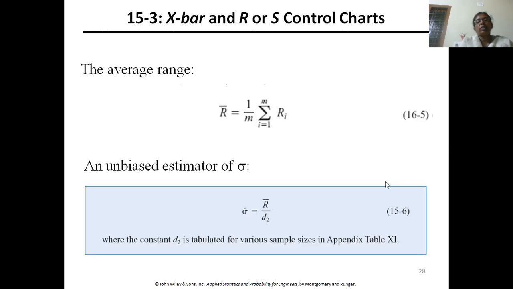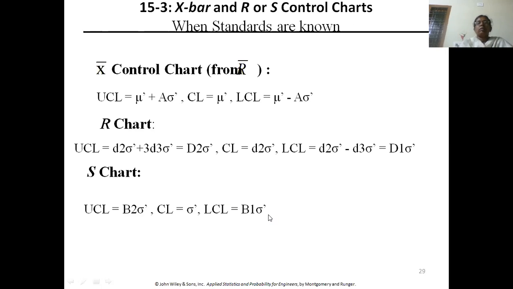Similarly, average range is calculated as R bar equal to 1 by m summation Ri, where Ri is x maximum minus x minimum. And the estimator of sigma is R bar by d2. This d2 is the tabulated value, which will be given in your textbook for different sample sizes.